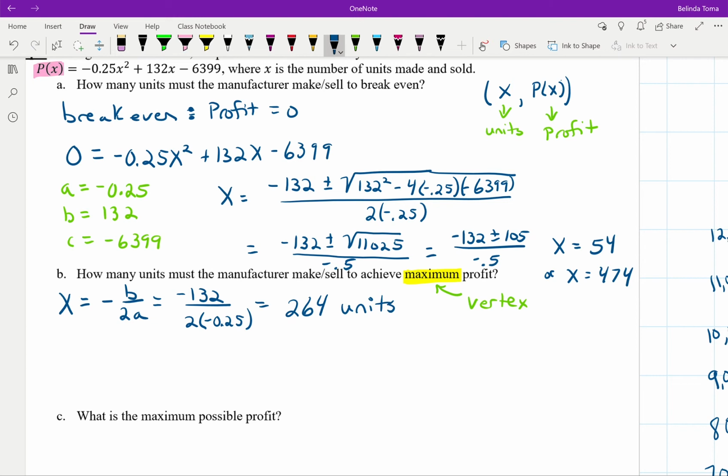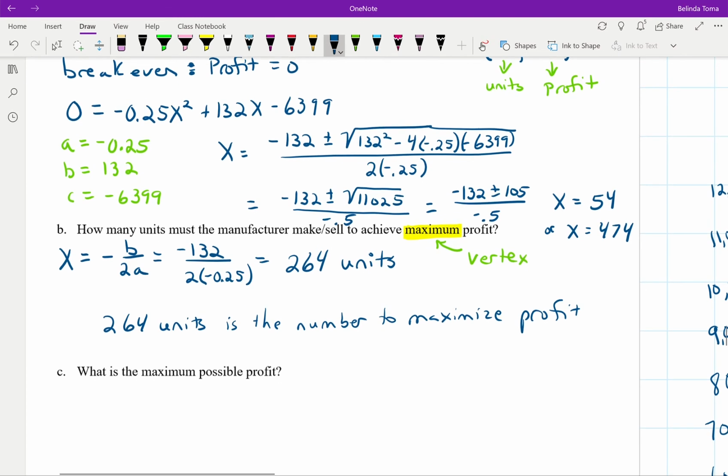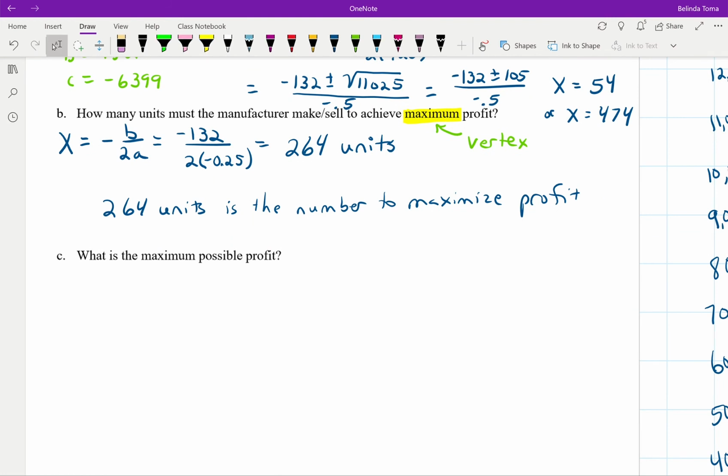Well, that means that 264 units is the number to maximize profit. Now, what we want to do is take that number and actually calculate the maximum possible profit. So remember, in our model, we're putting in units and getting out profit. So we're going to take the 264 and put that into our model.